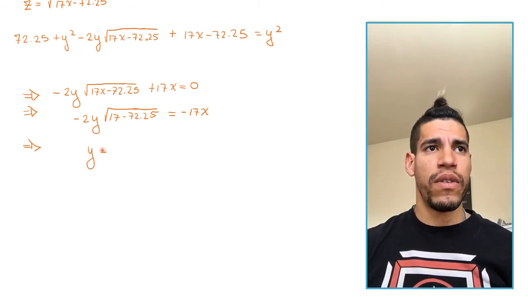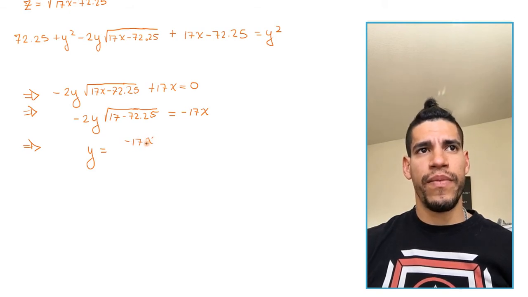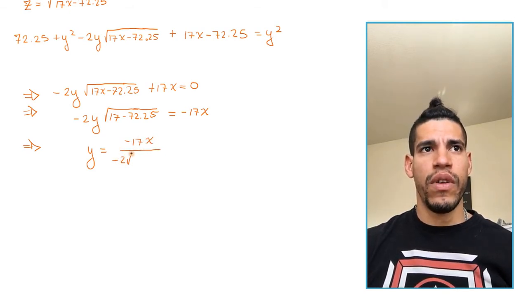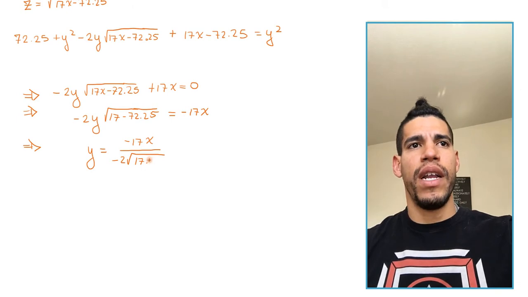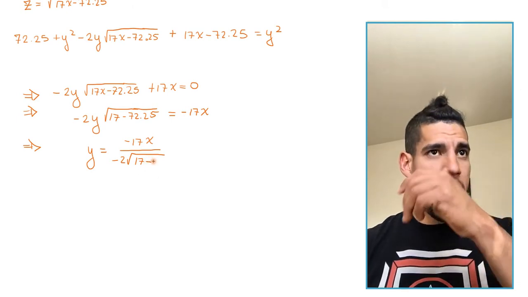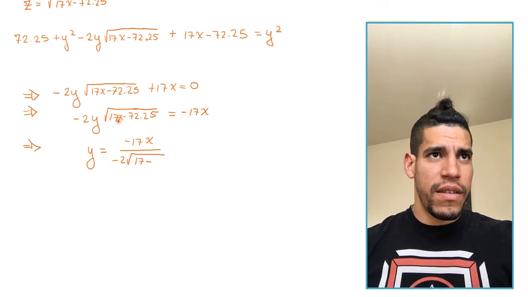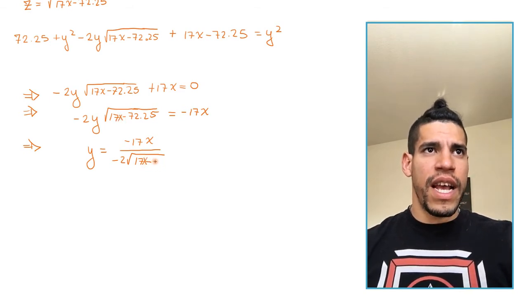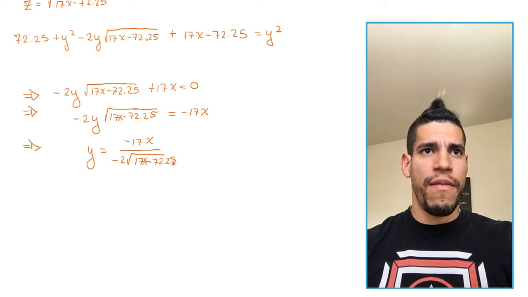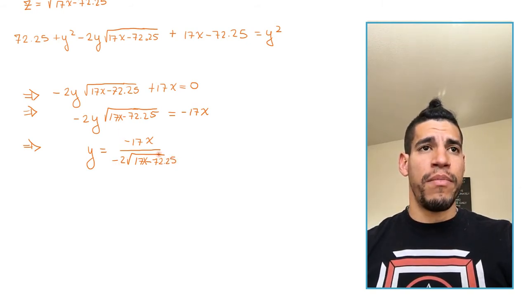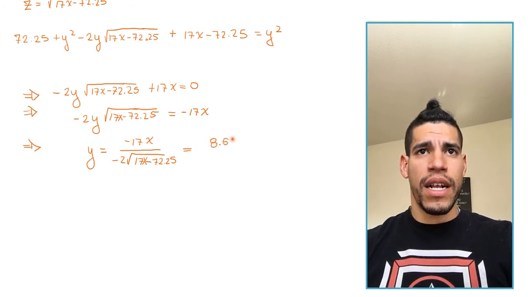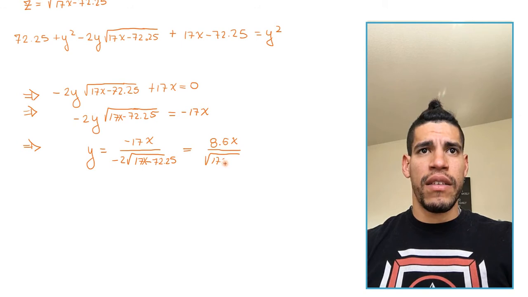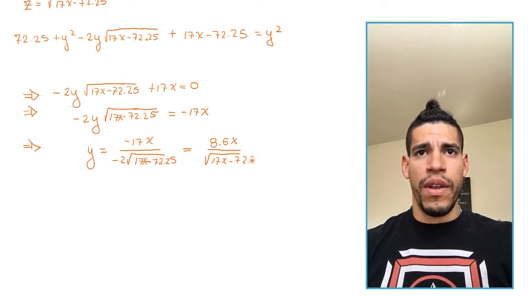You get y equals negative 17x divided by negative 2 square root of 17x minus 72.25, and notice that the negatives cancel and it becomes positive. 17 divided by 2 is 8.5x divided by the square root of 17x minus 72.25.